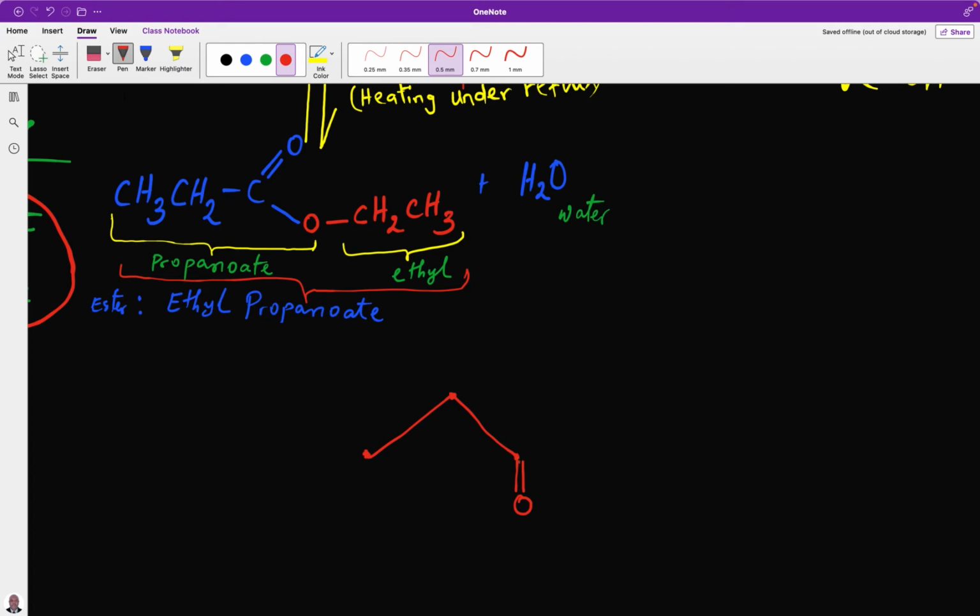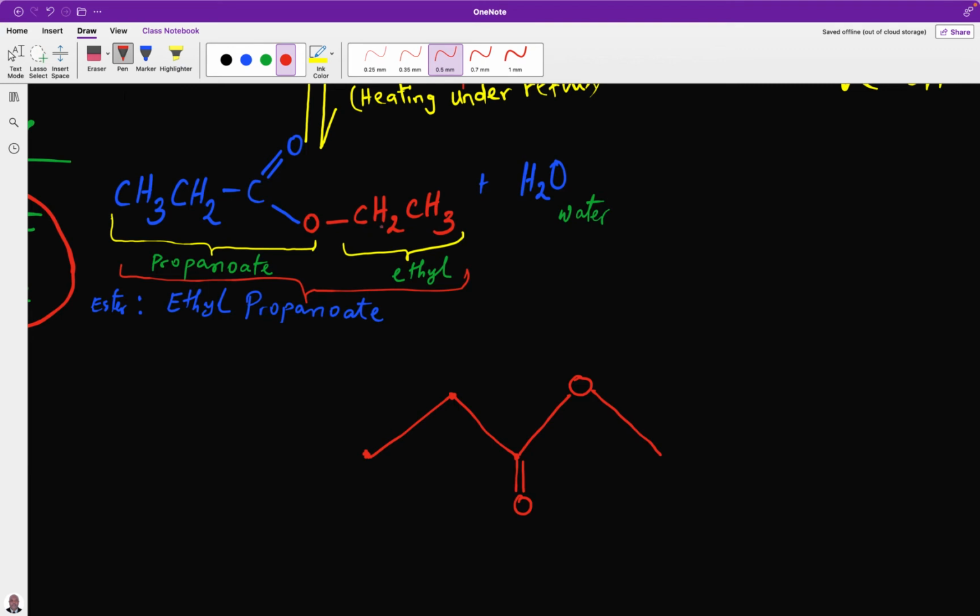On the third carbon, remember, the third carbon is bonded to oxygen. I said it is in a zigzag form. It is now bonded to oxygen. This is now the oxygen here. From the oxygen, it is now bonded to this other carbon. So we now come again, this other carbon.